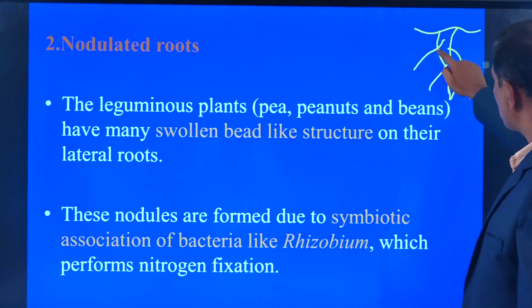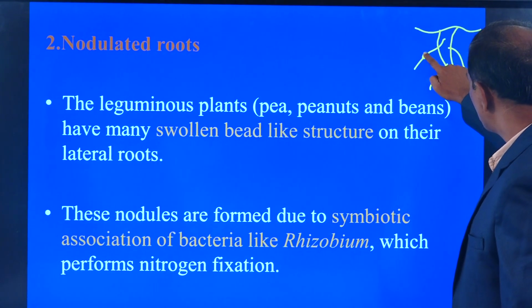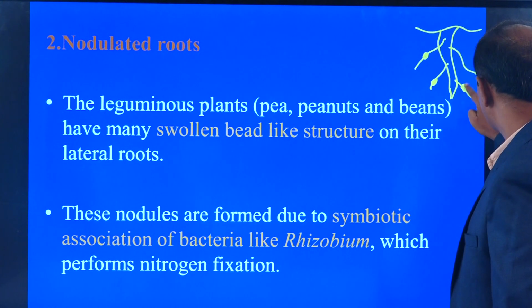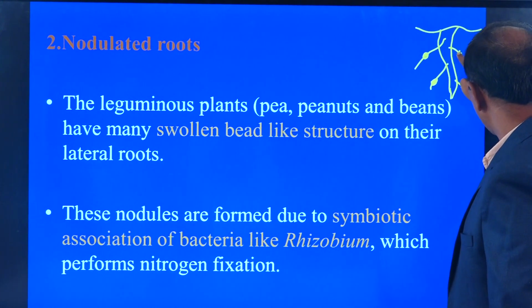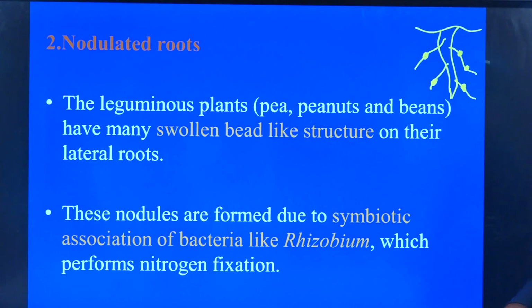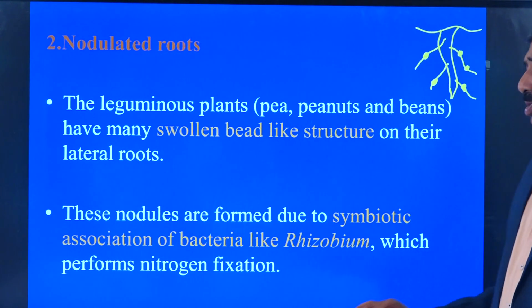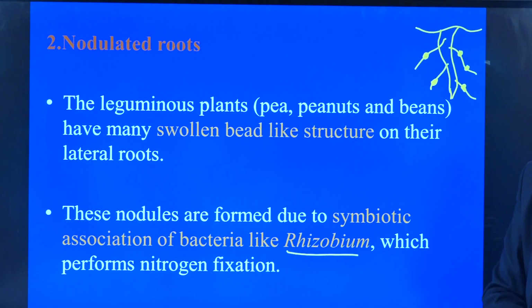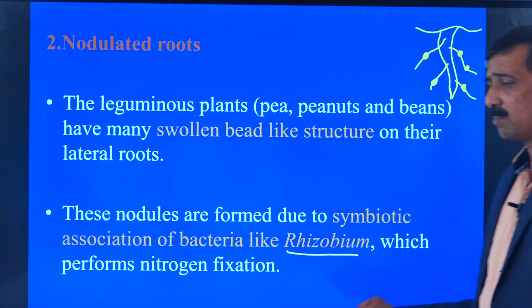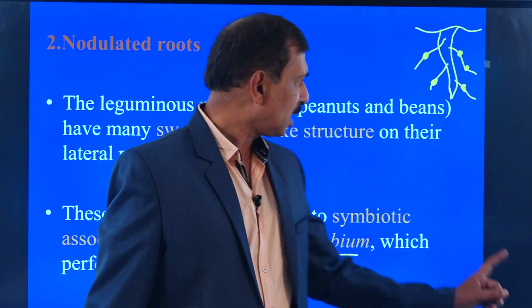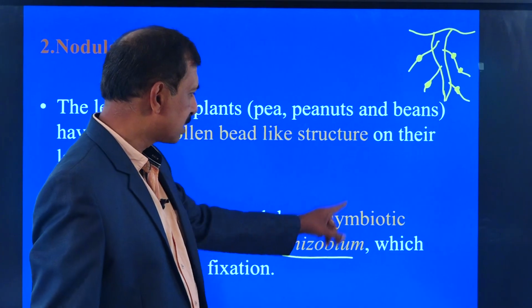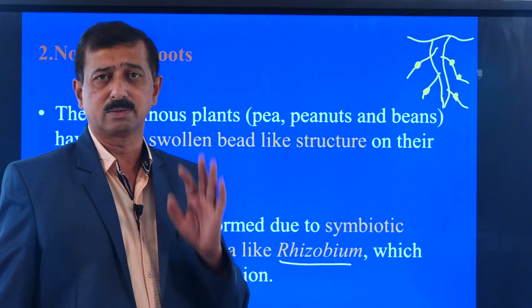These lateral roots are going to exhibit the presence of some nodules here. These nodules are developed because of association of the bacteria Rhizobium. This Rhizobium association is by symbiotic relation.